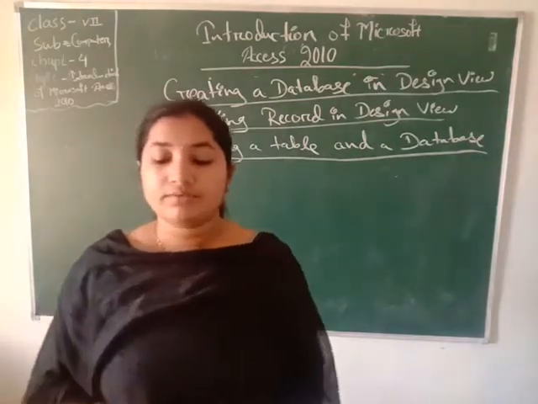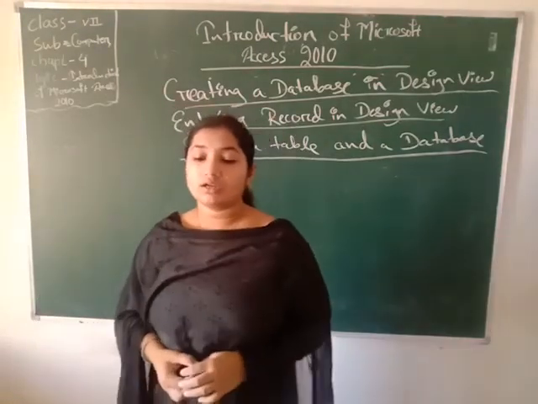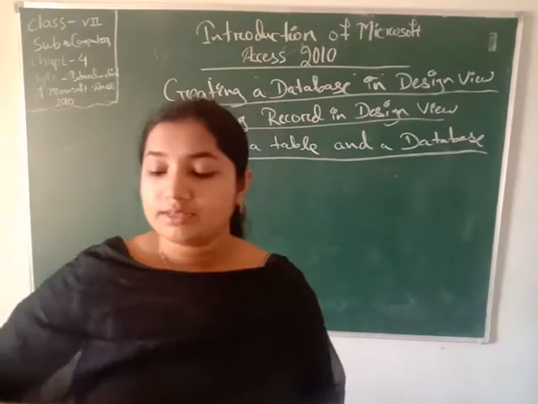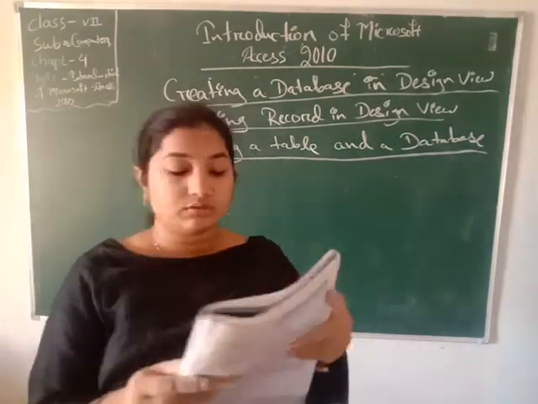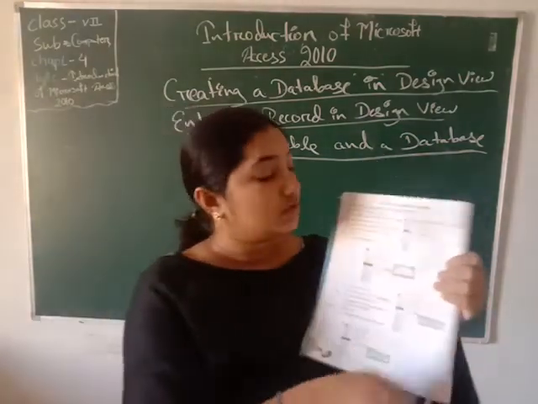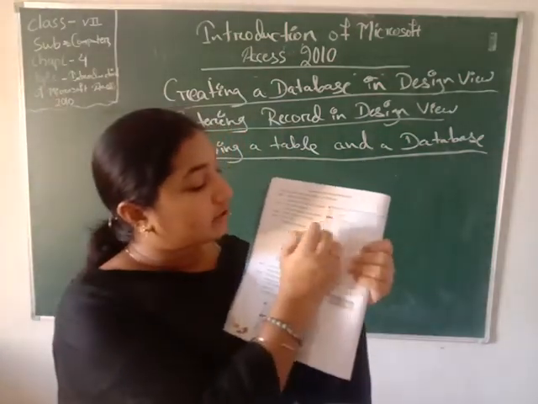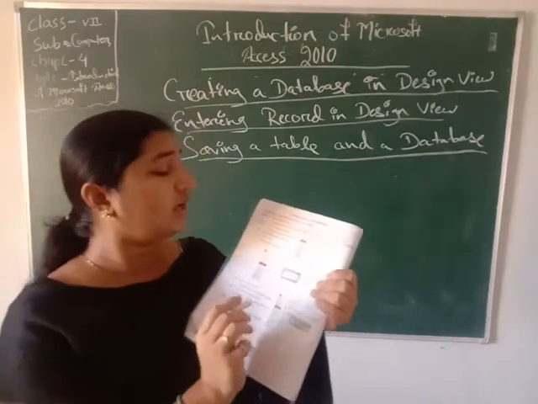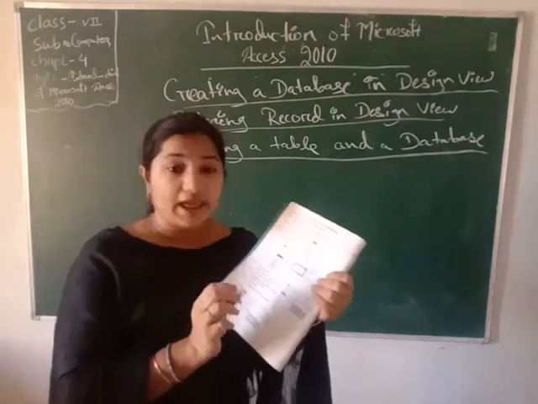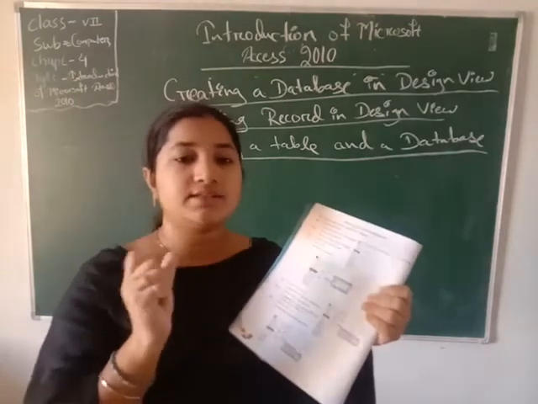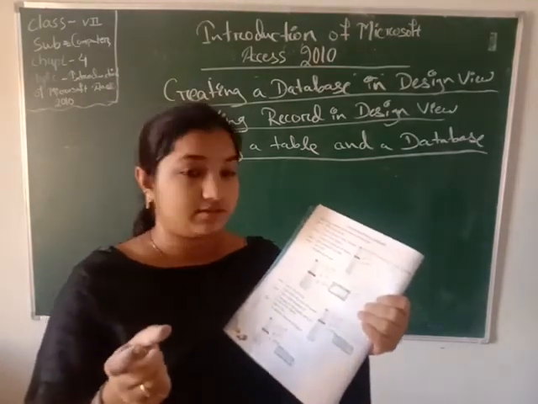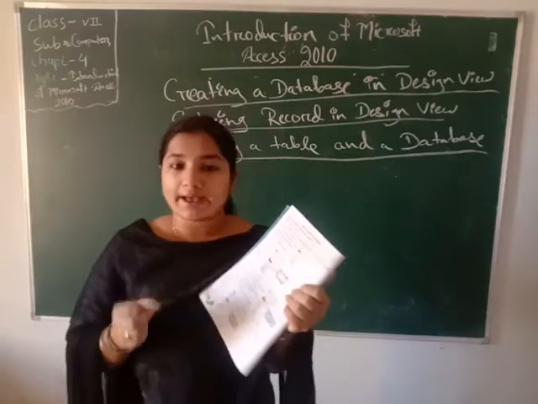For that, first we have to click on the File tab. One drop down menu will appear. So students, this is the File tab, this is the drop down box. After that, click on Save Object As. Means there are two options, one is Save and another is Save As. So we have to click on Save As.